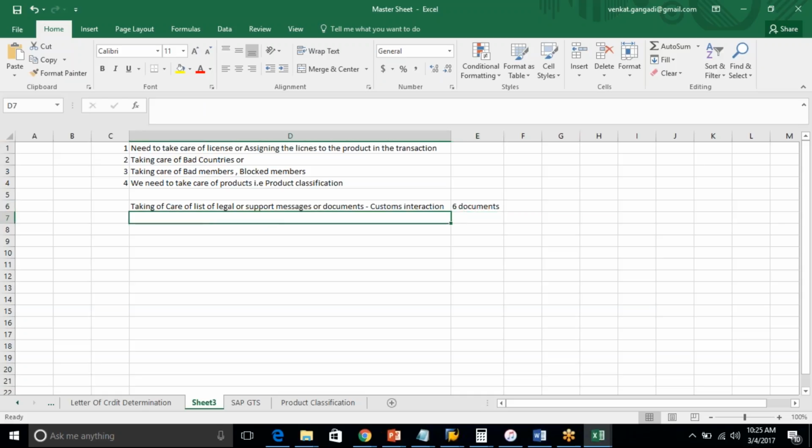So how to communicate? Now you understood that there are 6 documents that you have to send to the customs authorities. Now we need to consider how to communicate. So that is also an issue, right? Because we can send the printout, we can send the fax to the customs authorities, or you can send the EDI, IDoc, or you can send email, or any other form.